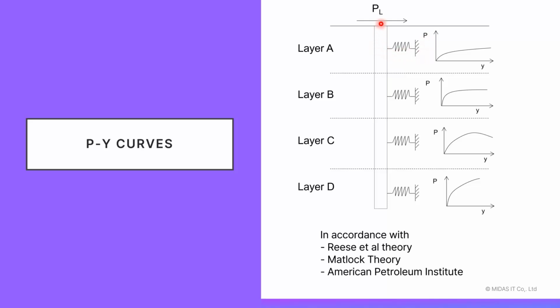When load is applied onto a pile, the top part may deflect much more because the stiffness is very low. As you go down, the confining stress increases, and the behavior of the soil changes. This kind of behavior can be considered using P-Y curves. So this is one of the better methods for considering soil structure interaction.